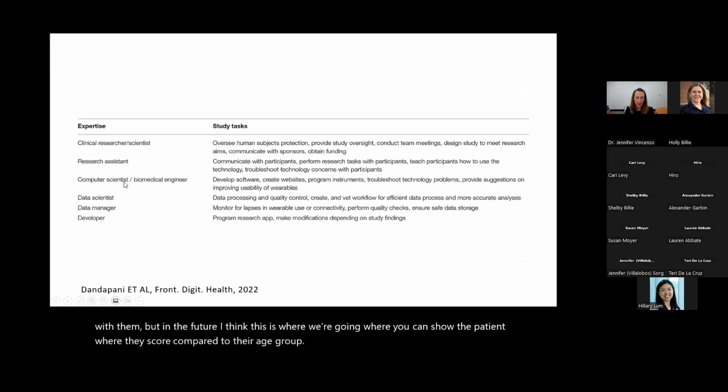One of the big things I wanted to emphasize in this talk is that when you're doing sensor-based research, you really need a team that is different than your usual clinical trial team. For a typical clinical trial, you need a clinical researcher and a research assistant. You probably would need a data manager as well. But ideally for sensor-based research, you want someone on your team that is a computer scientist or a biomedical engineer, who knows how to create websites, develop software, program instruments, troubleshoot technology problems, and validate your digital tests.